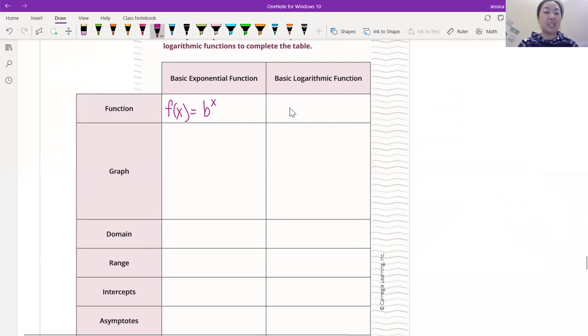Let's make this g. So g of x is equal to log base b of x. And remember, this b is the same as that b. All right, and the graph in general is going to look like, you make your x and y.